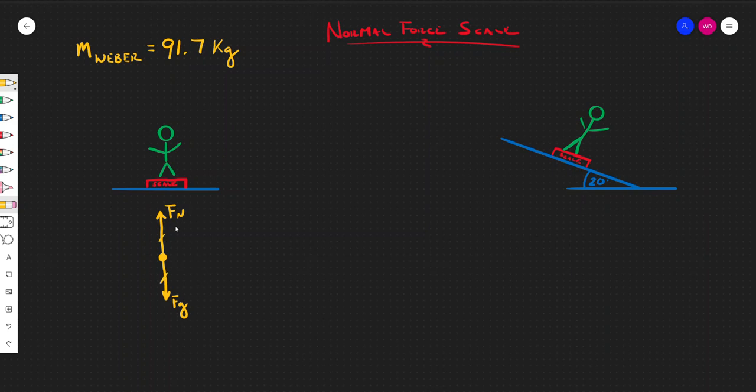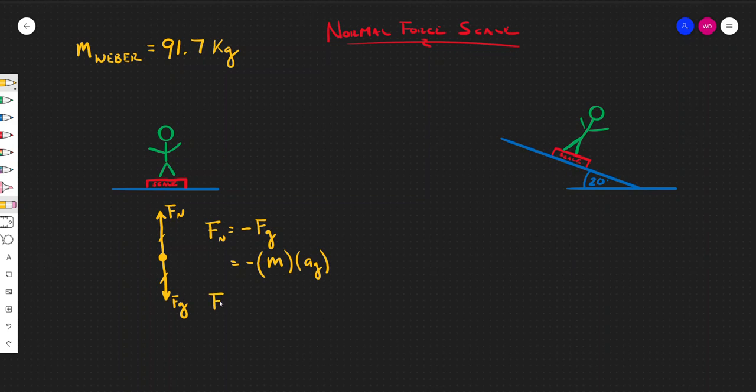And we said normal force in this scenario is just equal to the opposite of the force of gravity. So mathematically, we could say normal force is equal to the opposite of the force of gravity, and force of gravity can be defined as mass times acceleration due to gravity. They don't tell us we're on some other planet, so we'll assume this is Earth.